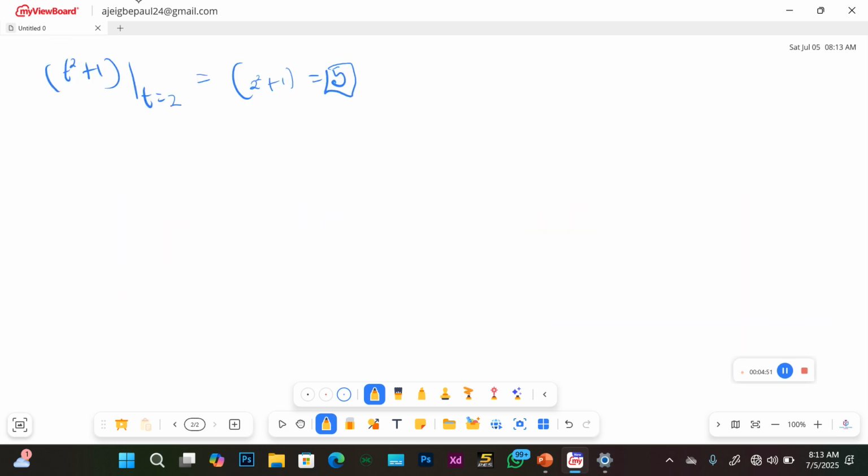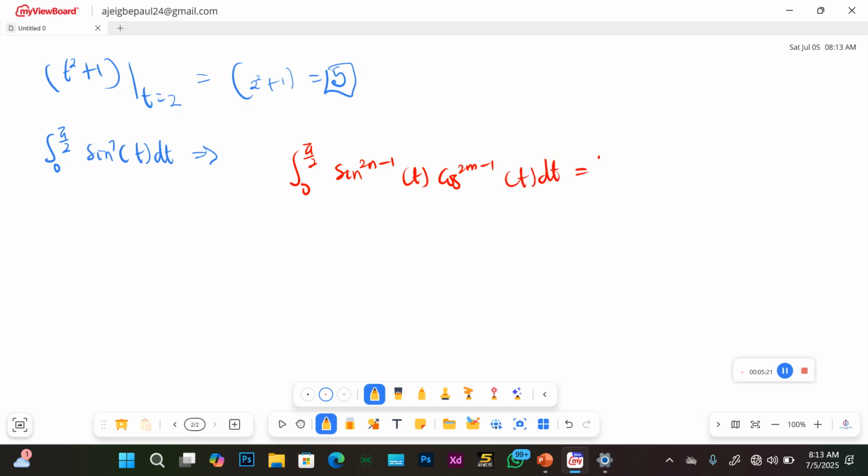Now if you make use of the beta function, the beta function says that if you have the integral from 0 to pi over 2 of sine raised to the power of 2n minus 1 t multiplied by cos raised to the power of 2m minus 1 t dt, this is going to give you 1 over 2 beta function of n comma m.